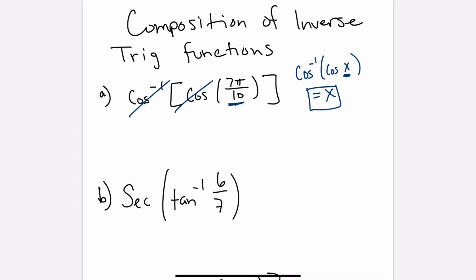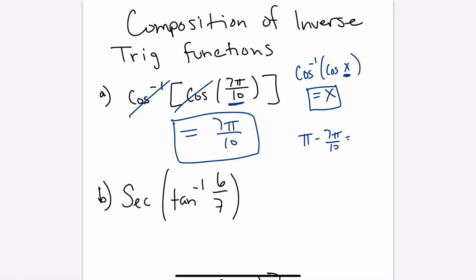You could say, hey, those two things cancel, and my answer is 7 pi over 10. Now, that involved a little bit more shortcut than math. But if you have another problem like this, most often, if this isn't your answer, you're going to have to subtract from pi. So it's going to be pi minus 7 pi over 10, and that's going to be your actual answer. But that's not what we're doing in this video.